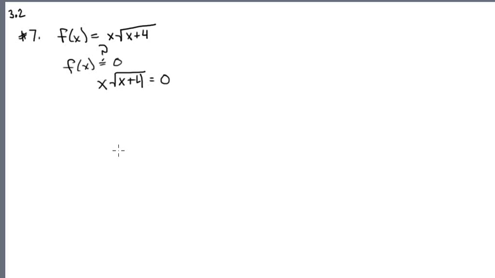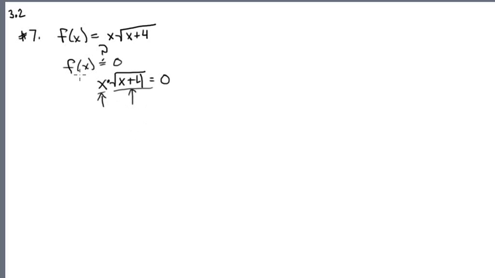One trick that we can do here is use the zero product property on this, which states that if I have things that are separated by multiplication, a factor of x and a factor of square root of x plus 4, this will be 0 whenever this quantity is 0 or whenever this quantity is 0.